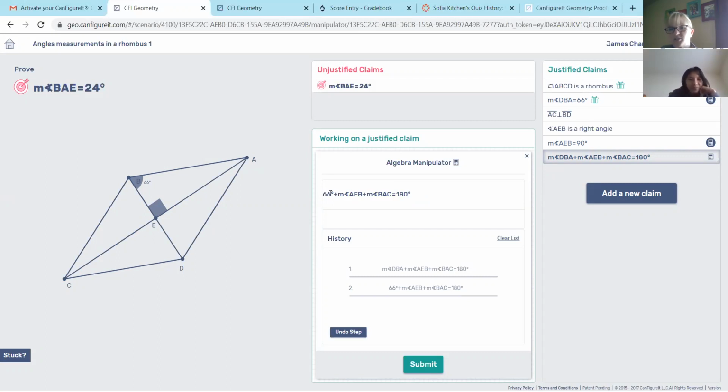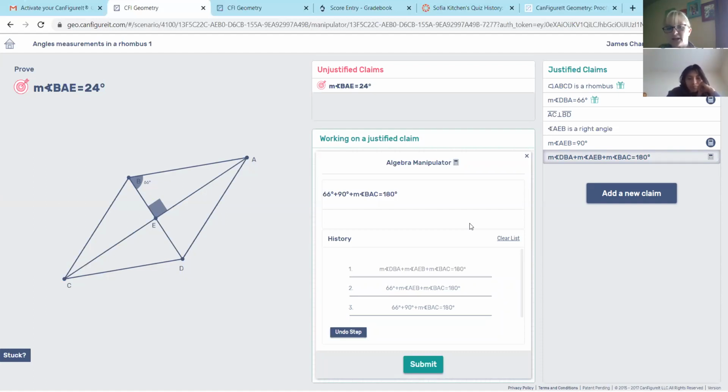Which other one do I want to do that for? Angle E. Yep. So I'm going to do it for AEB is 90. Bring it over here. Drop it. And then it looks kind of annoying, like we need to simplify that a little bit.